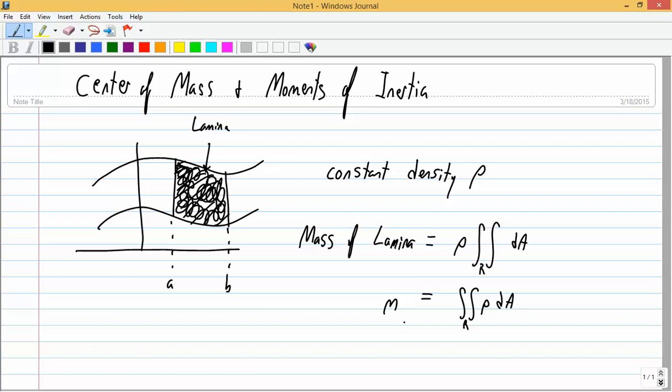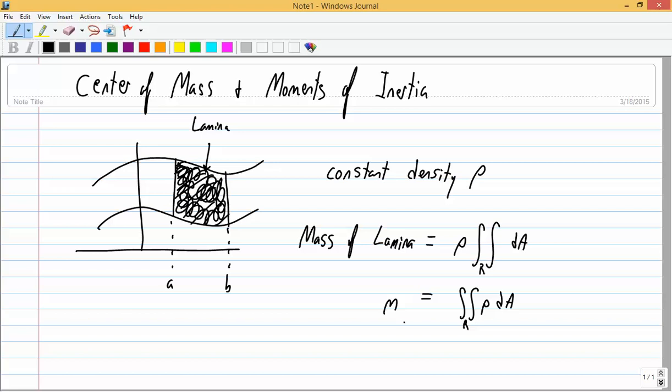So usually with single integrals, we would have to have a constant density. But with double integrals, since we can integrate with respect to different variables, we can find the mass of a planar lamina of variable density.